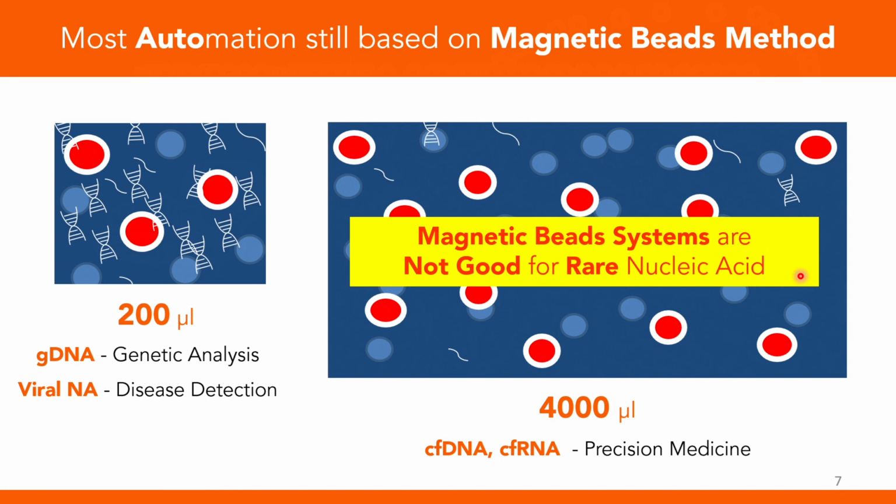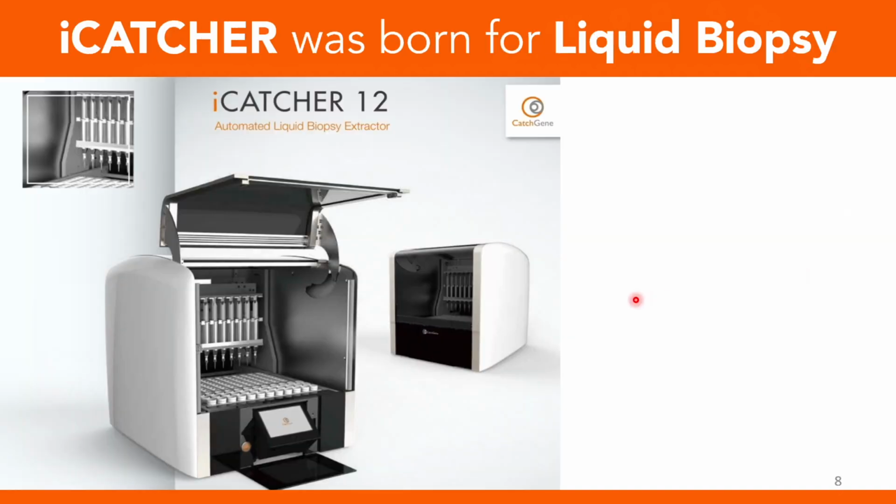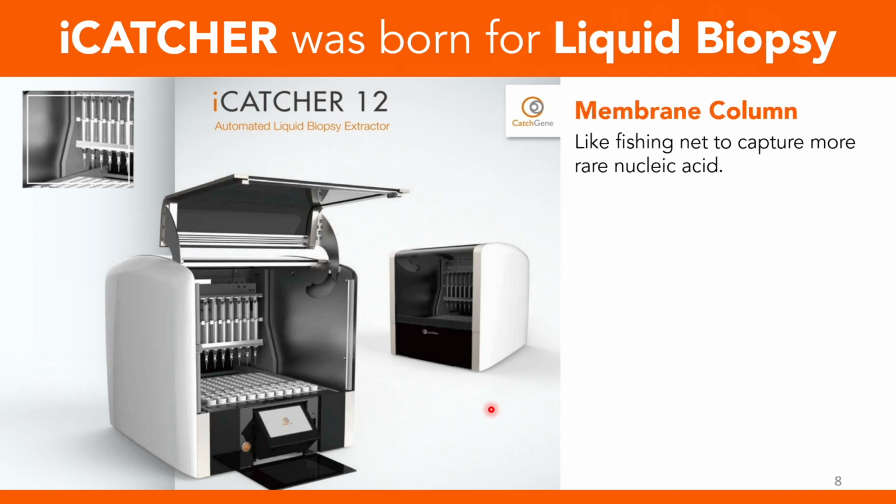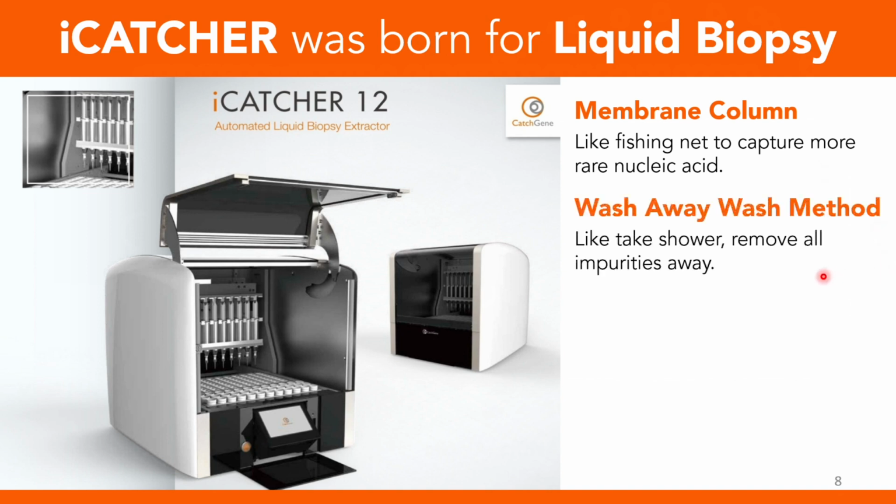So is there any solution for this kind of rare nucleic acid? Yes, here we are. Here, iCatcher was born for liquid biopsy. iCatcher is a membrane column-based system, like a fishing net, to capture more rare nucleic acid.